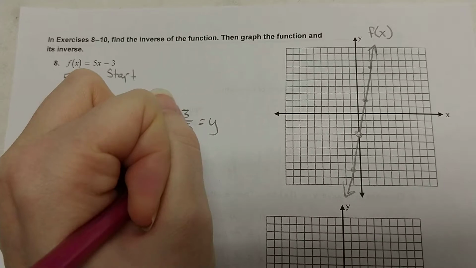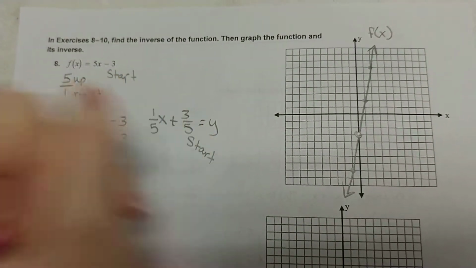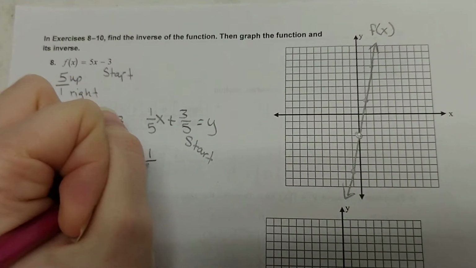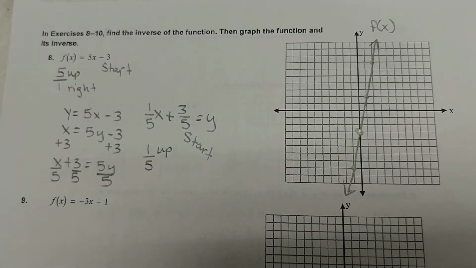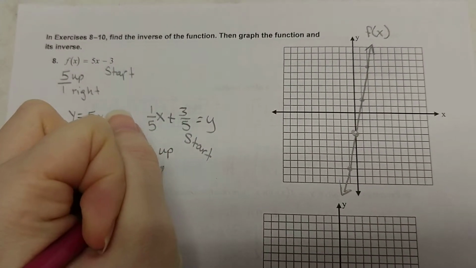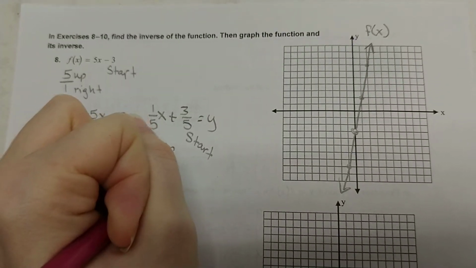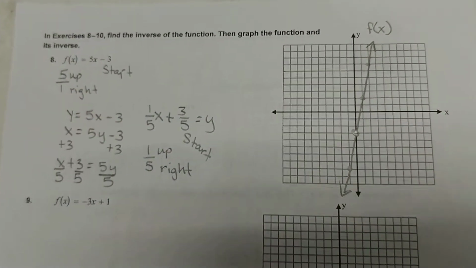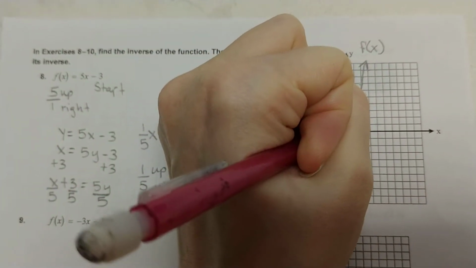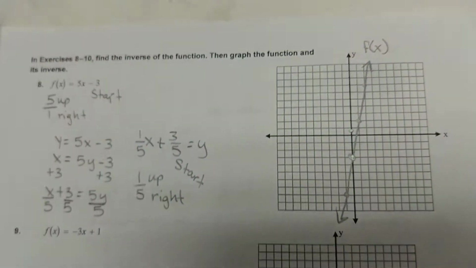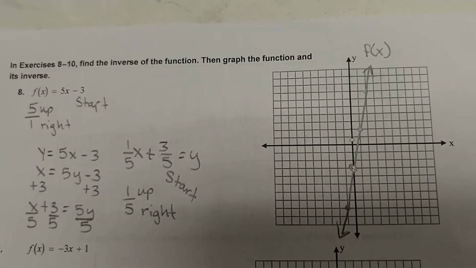So now this is where we're going to start on our graph. Our slope is 1/5, so we're going to go up 1 and over 5 to the right. So I need to find 3/5, which is in between 0 and 1. You're just going to have to kind of estimate, so it's about right there.